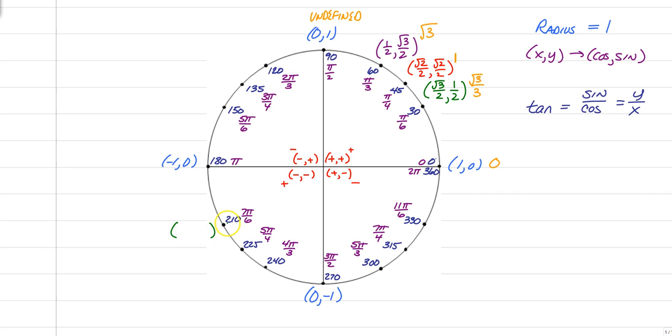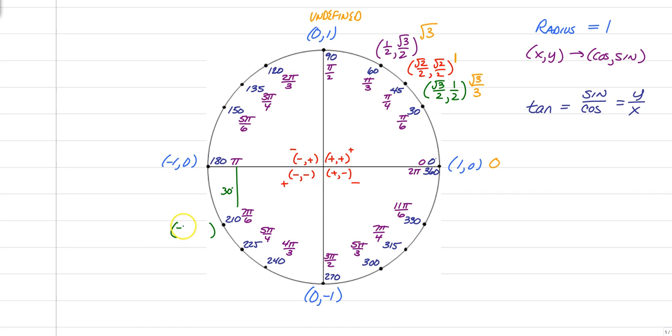Well, the reference angle of 210 is 30 degrees away from that x-axis. So the reference angle is 30. So all you have to do is copy the coordinates of 30 degrees. The only thing is you have to think about we're in negative land.